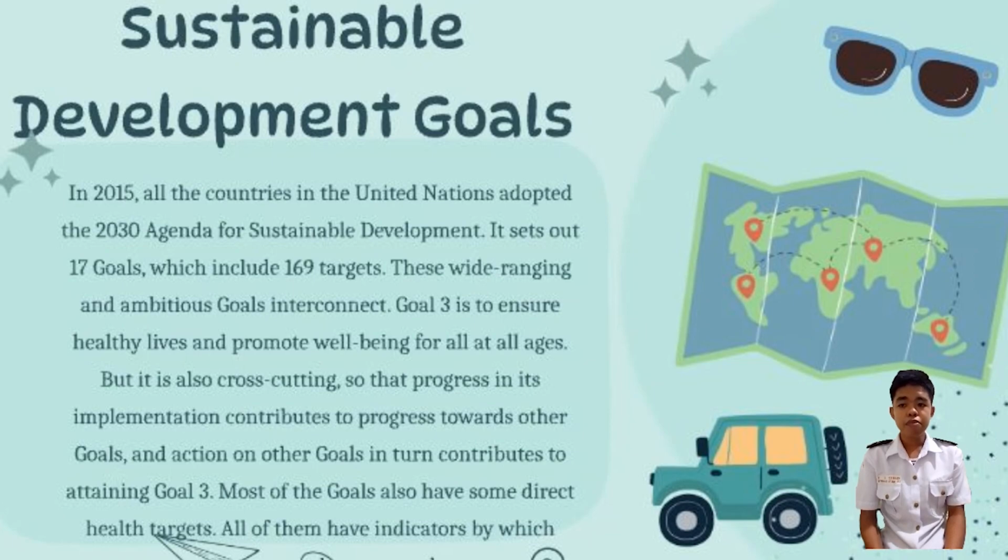They aim to address the most pressing global challenges and promote sustainable development across economic, social, and environmental dimensions while leaving no one behind. The SDGs serve as a roadmap for governments, organizations, and individuals to work collaboratively towards building a more sustainable and equitable future for all.